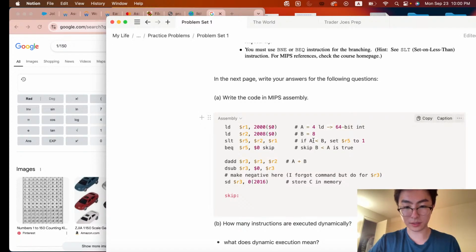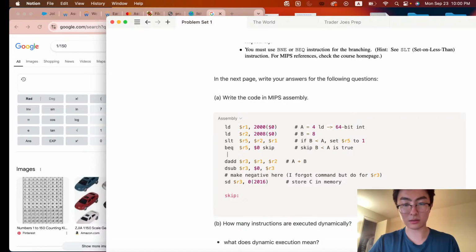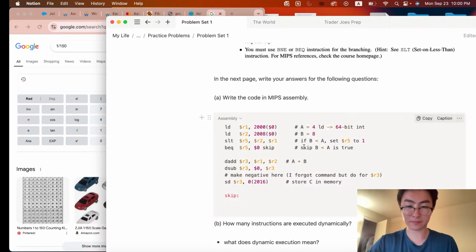So B is less than A. So don't skip if B, right. And if it is, then we do skip.